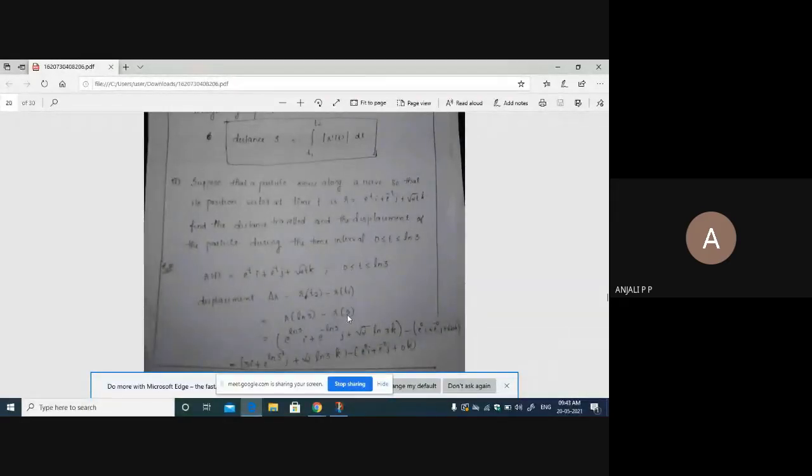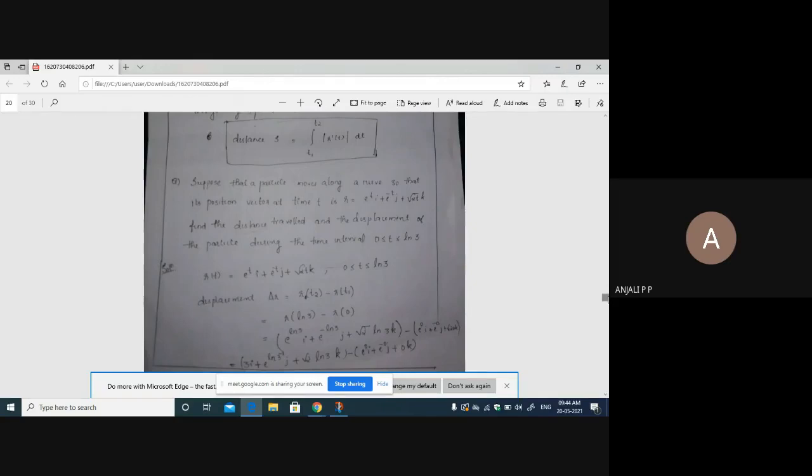Substitute t equal to log 3 in the equation r of t to get r of log 3. Similarly, you can find r of 0. The difference between these two is the displacement.